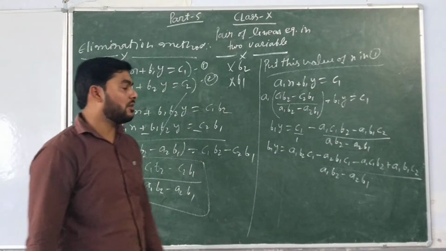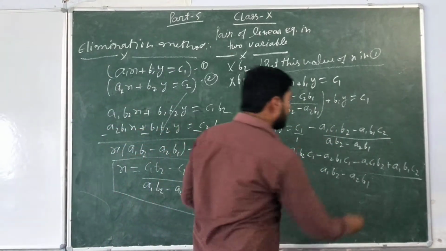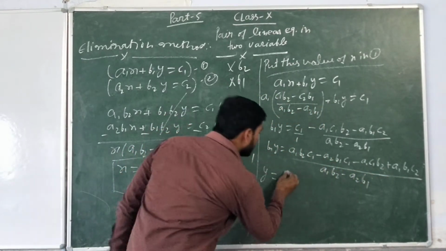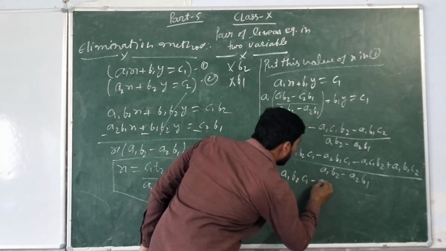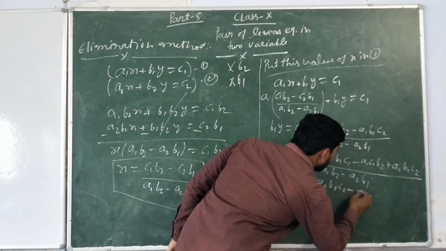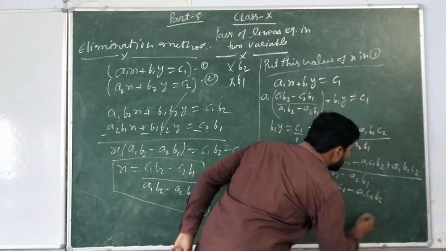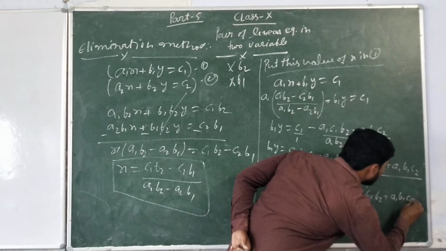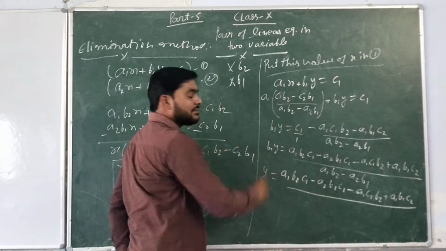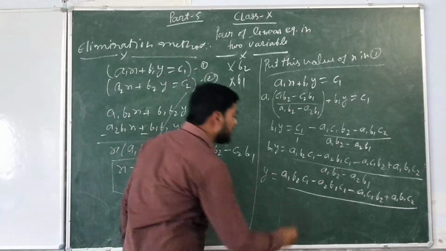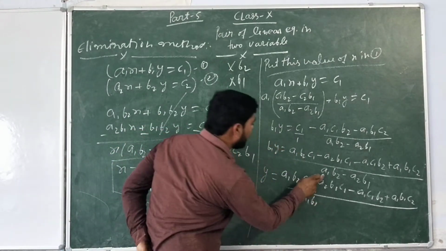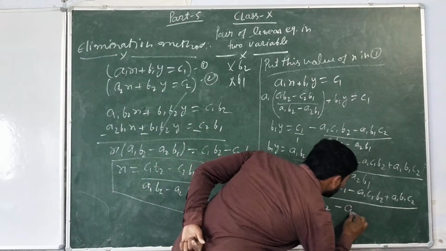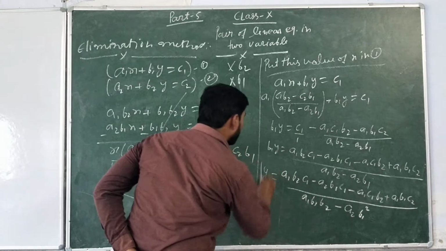Now the multiple of y is b1, so it will be divided. So the y value is (a1 b2 c1 minus a2 b1 c1 minus a1 c1 b2 plus a1 b1 c2) whole upon b1 (a1 b2 minus a2 b1). This is the value of y.